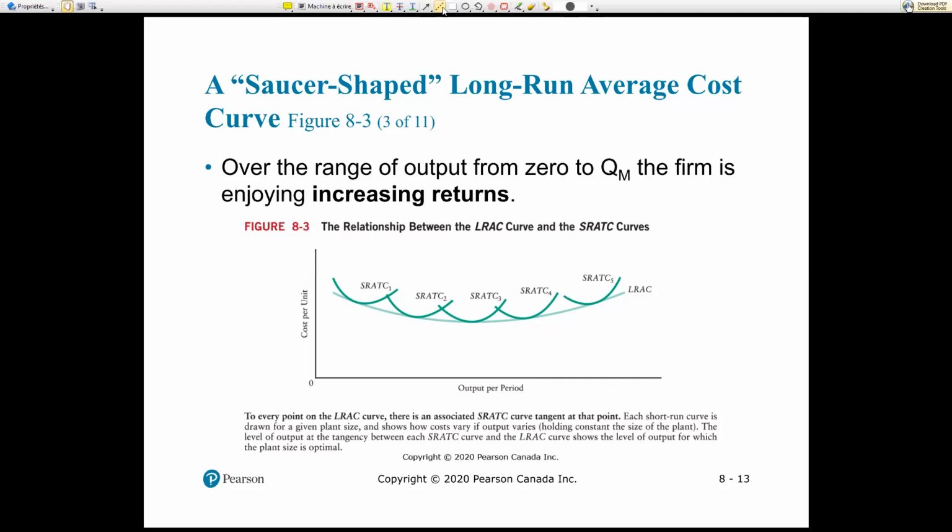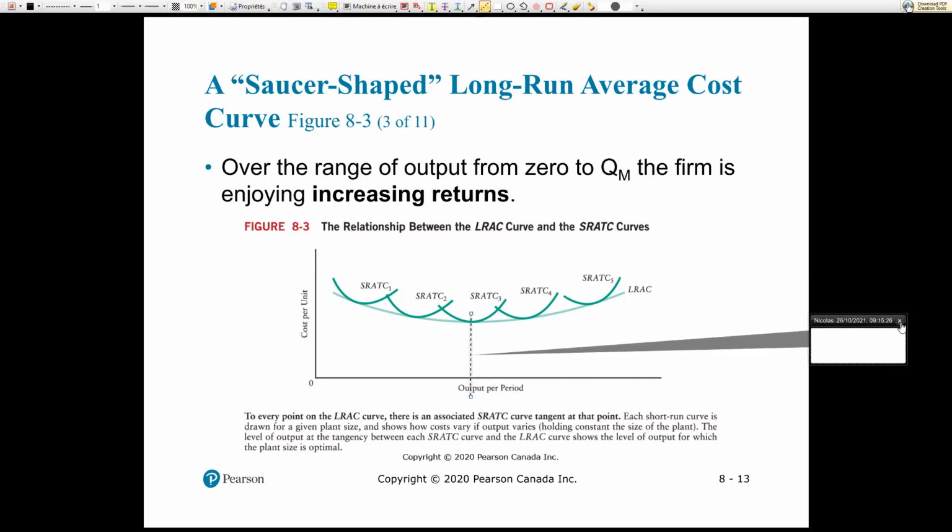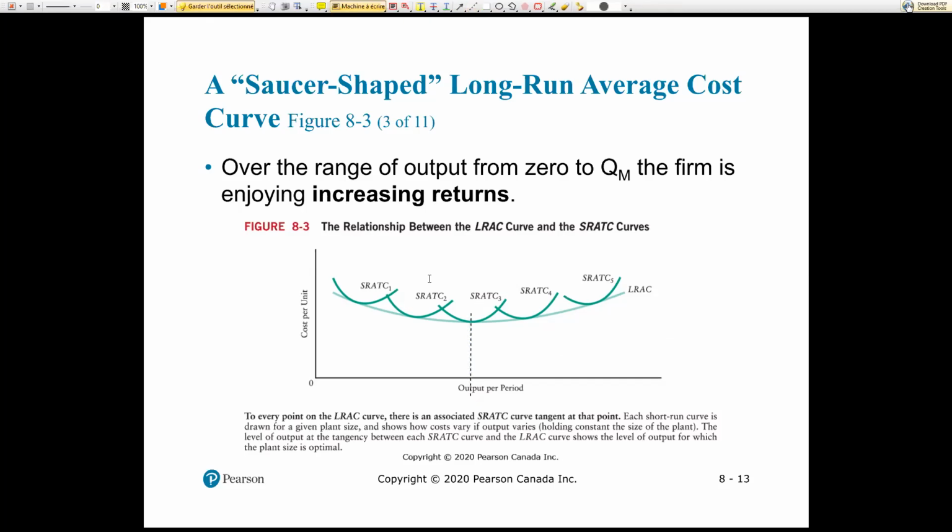QM would be here. So here we see that we have increasing returns to scale. If I'm there, I should increase the size of the restaurant, or at least if I do, I'm going to produce everything more efficiently.